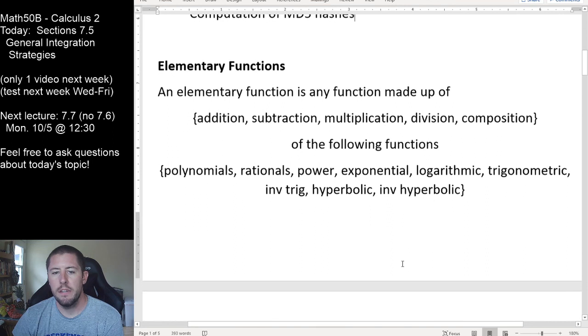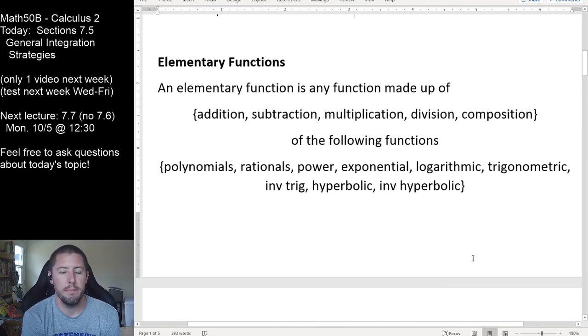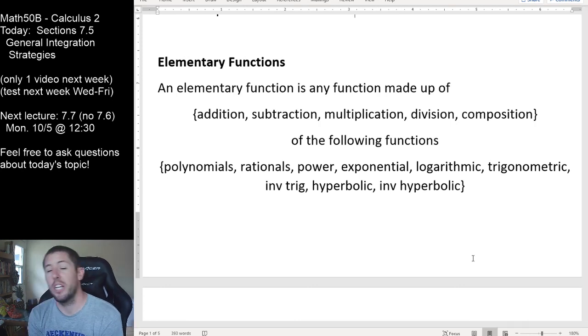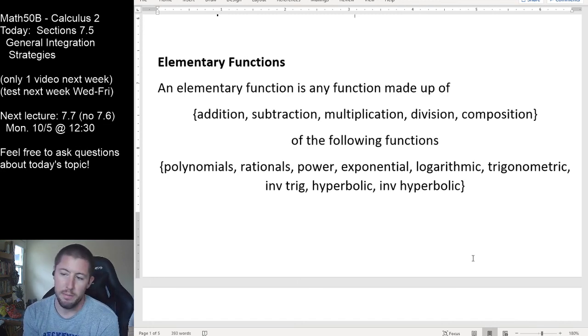The book then goes on to define elementary functions. An elementary function is any function made up of addition, subtraction, multiplication, division, or composition of all the standard functions we learn about in algebra class, plus a few extra: polynomials, rationals, power functions, exponentials, logarithmic functions, trig functions, inverse trig functions.